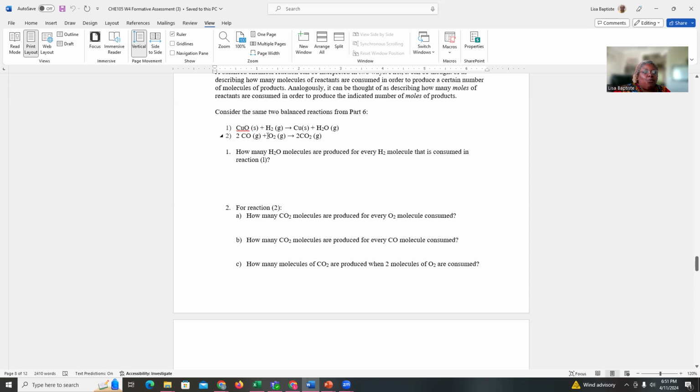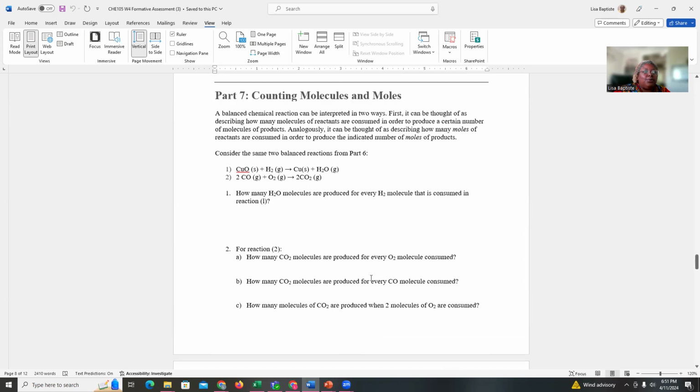So for every 1 molecule of O2, we get 2 molecules of CO2. So if we had 2 molecules of O2, that means it would double the amount of CO2. So that would be 4 molecules of our CO2. Okay. And so this balanced equation gives you the relationship. And then if you want to change that, you see what the change is and you make that same change.